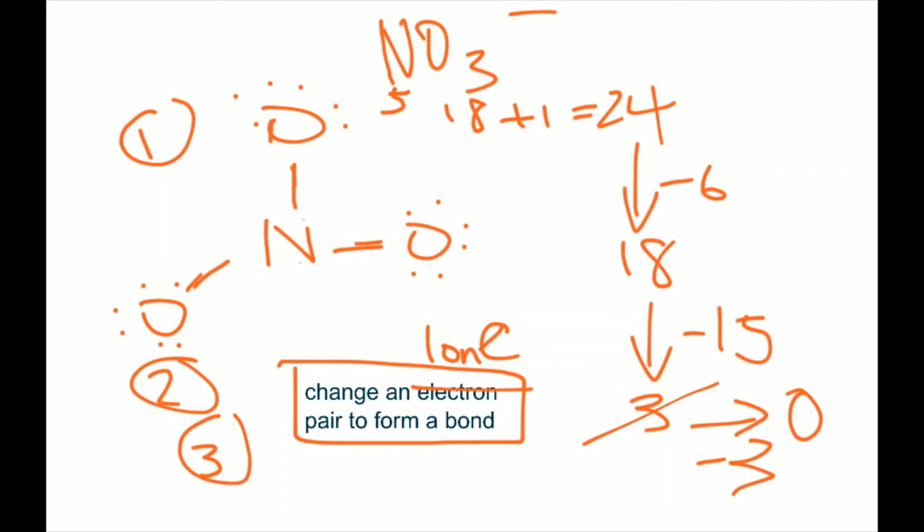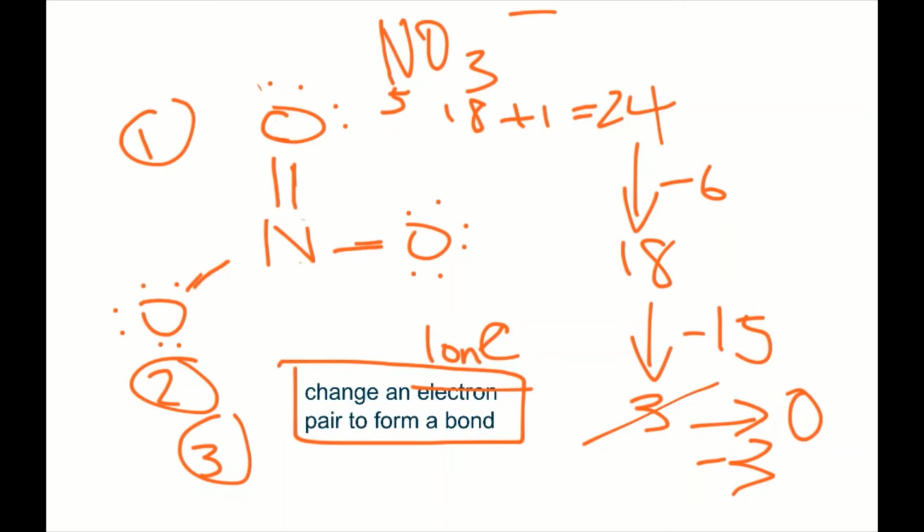So this lone pair can actually move itself here in order to make a bond, because remember, a bond is just 2 electrons. So if we erase these 2 electrons, which is our lone pair, and we move it and change it into a bond, it'll look like that.